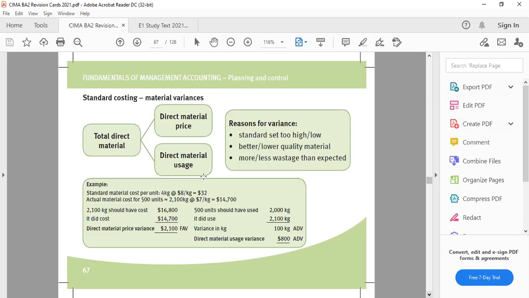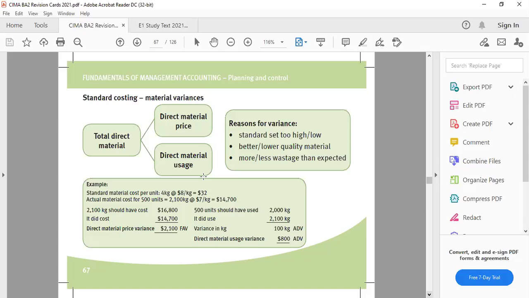Sometimes superior quality material is purchased, so less quantity is consumed, nothing will be damaged or destroyed. So every piece of it is properly used. So on that note, superior quality material or inferior quality material also can result in a variance arising, then more or less wastage expected.